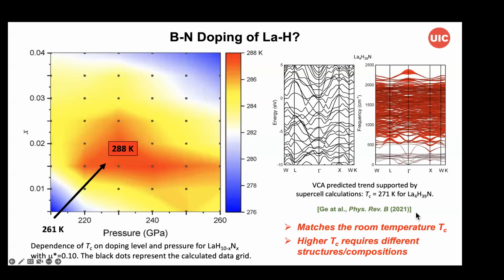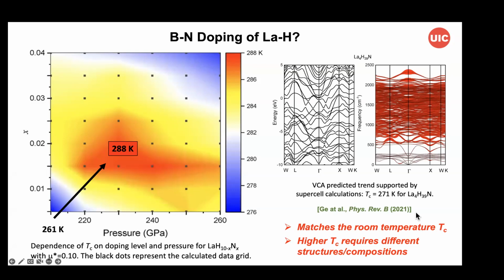This work was also followed up with supercell calculations, just as the work on CSH, and the supercell calculations, again, were limited by the size of the supercells for the TC calculations, but we found for this supercell with 4 lanthanums, 39 hydrogens, and nitrogen gives a shift in TC that's more or less consistent with what we get in the VCA calculations.